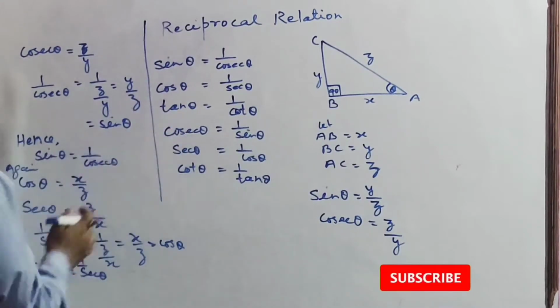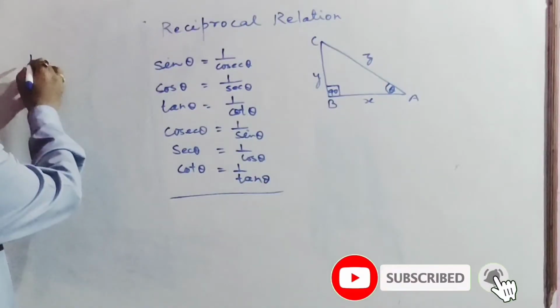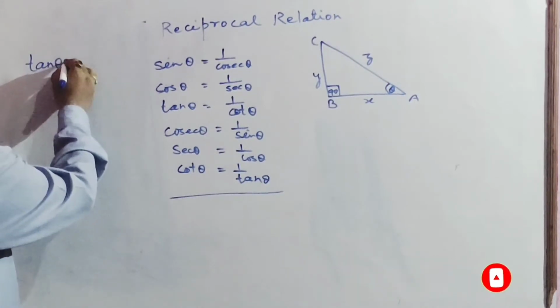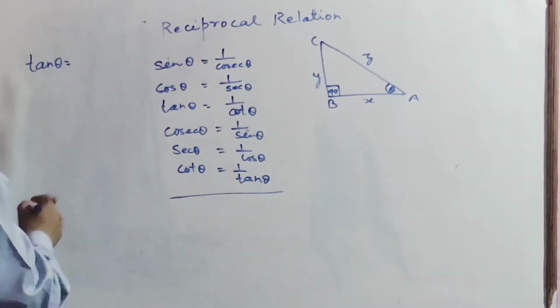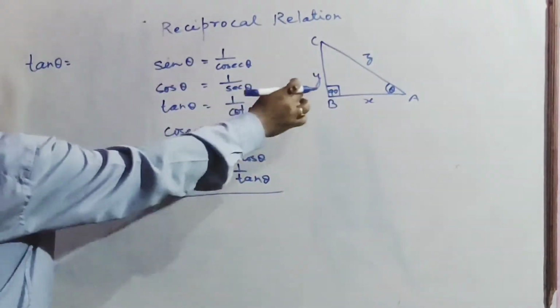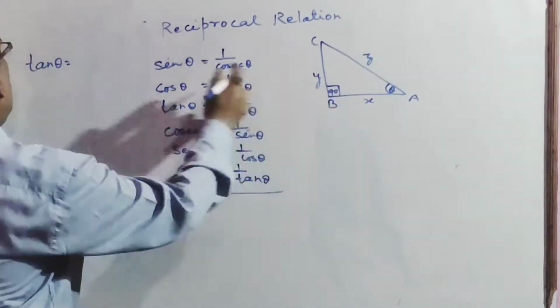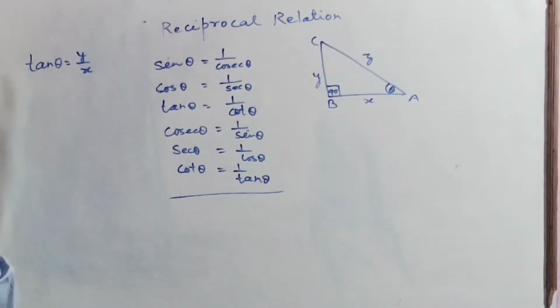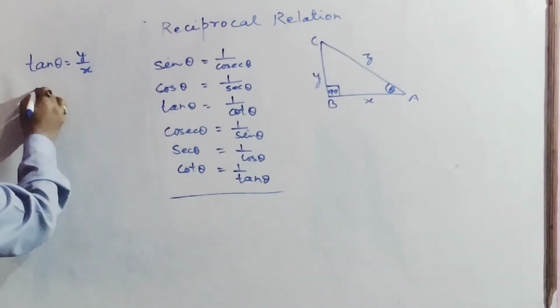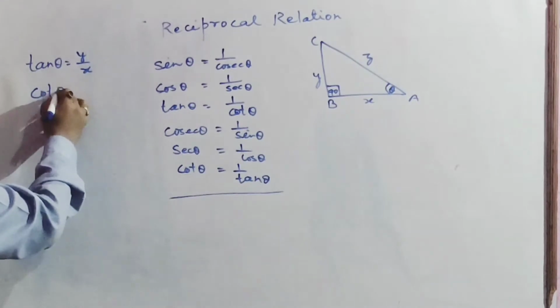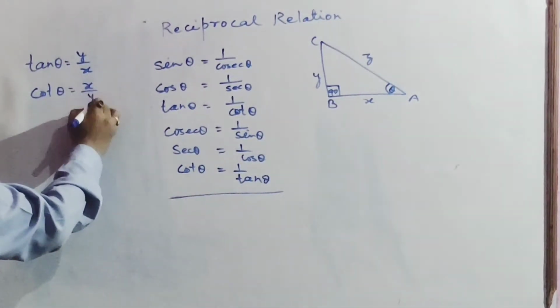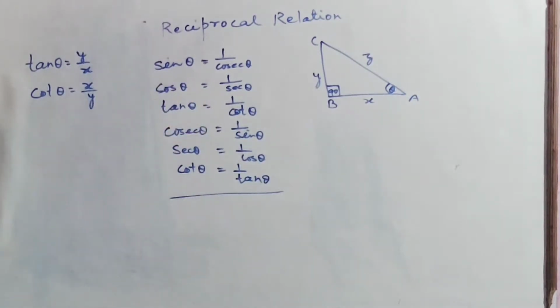Now the third one I am going to make you understand. Let us take tan theta. Tan theta is equal to p by b. The perpendicular is y and base is x. So it can be written like this, y by x, and cot theta can be written x by y, b by p.